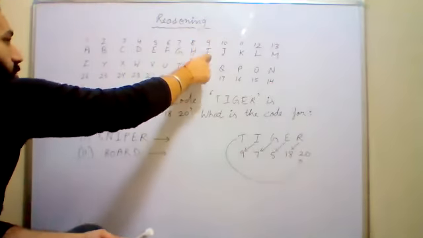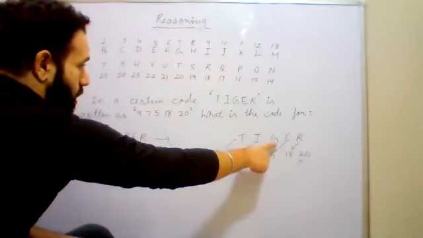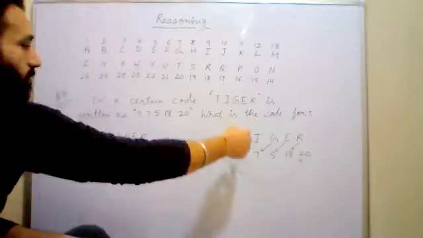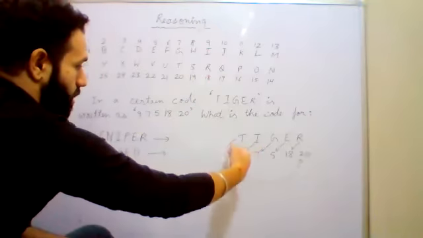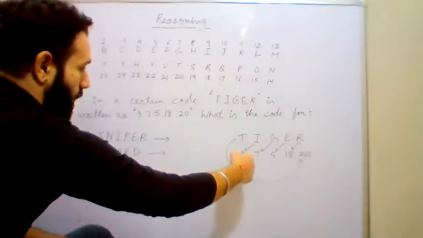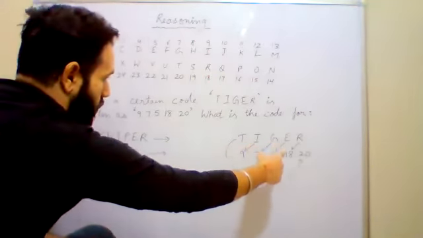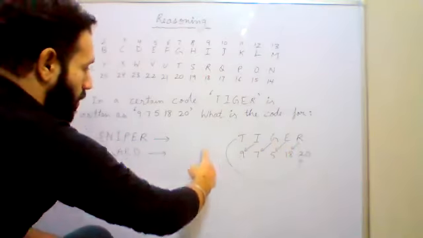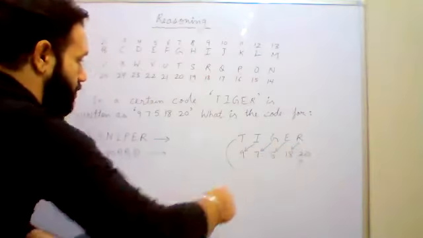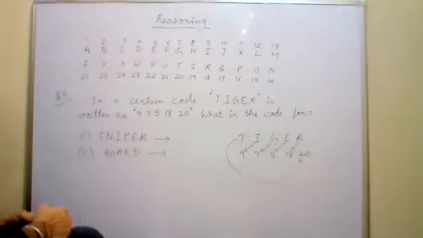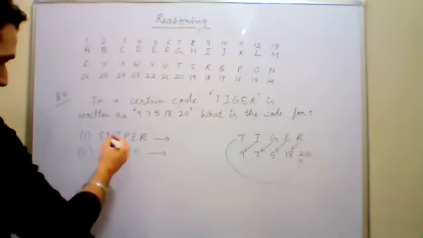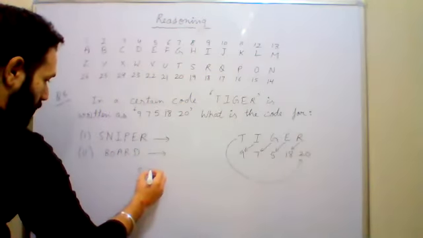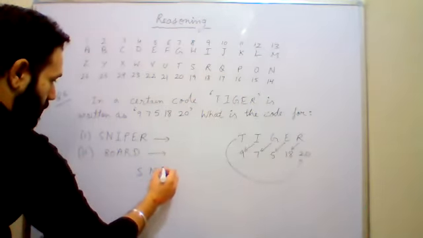I is at the 9th spot. What is the code of T? 7. So we have shifted one place, moved one place to the left. I was written like this, G like this, E like this, R like this, and T, which was at the start, was moved to the last. Got it? Yes, sir. So similarly you will write for sniper also.